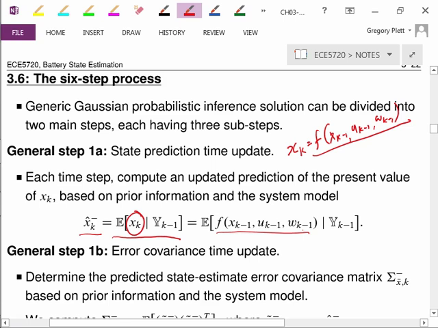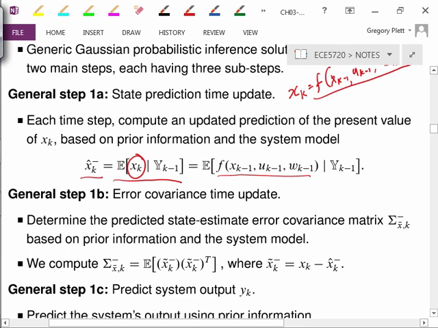To be able to evaluate general step 1a, we need to know what f is. If f is linear, we can simplify this. If f is nonlinear, we can also talk about how to implement this, but regardless, to go any further, we need to know what f is. So we'll defer that until we talk about the linear Kalman filter, extended, and sigma point Kalman filters.